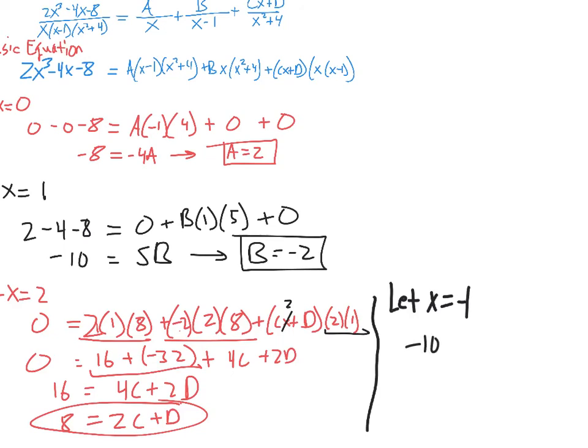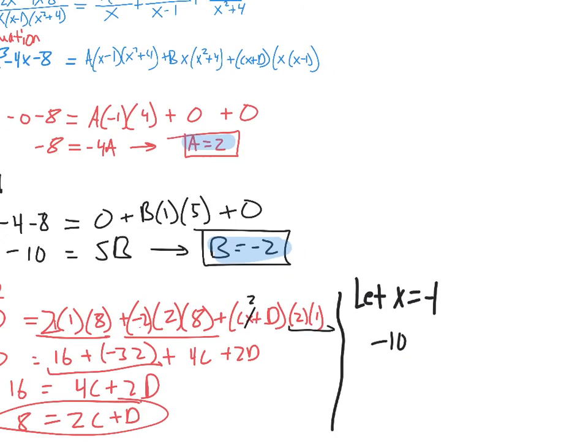Now, we know our a value and our b value. Okay, so we've got those. So we're going to plug those in as we go here. All right. So a is 2, and we're plugging in negative 1 here. So this equals 2 times negative 1 minus 1, negative 2.